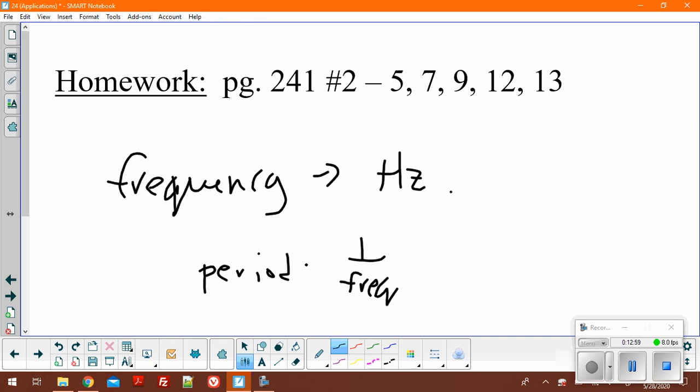Period describes how long it takes for one cycle to complete. Frequency is the number of cycles that occur in 1 second. So they are just the reciprocal of each other. If it gives you something in hertz, it means so many cycles per second, and then you do 1 over that to get the period of the function.